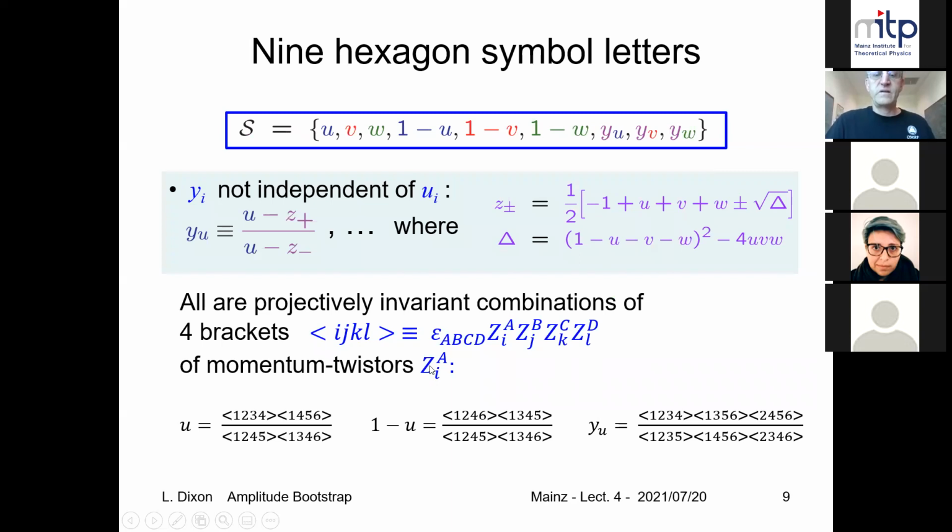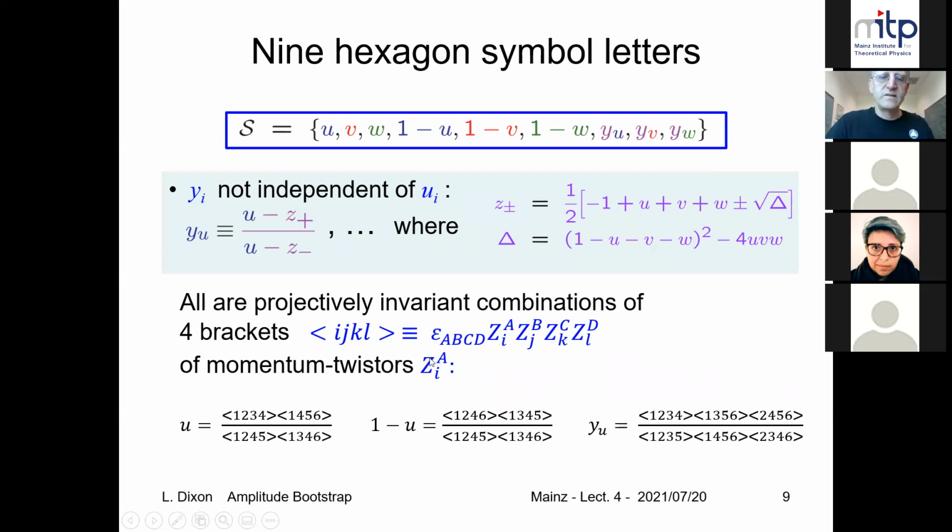They have components, where I, J, K, L all label external states, this lower index, and A is a 4 component index. And the only invariants you can build out of them are 4 brackets, where you contract 4 of them with this totally anti-symmetric tensor epsilon A, B, C, D.